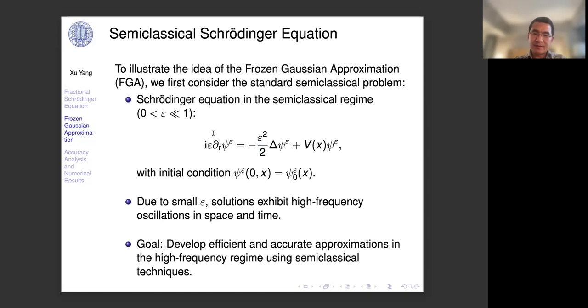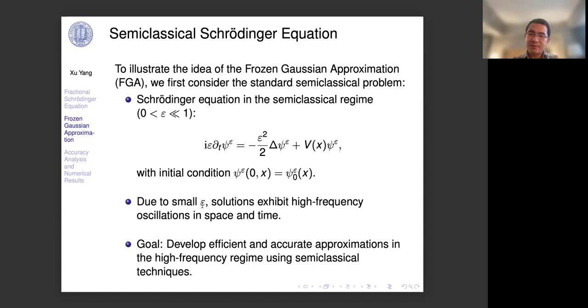In 1D we can do a simple spectral method to get some intuition on the solution of this standard semi-classical Schrödinger equation. When epsilon is small, the solution is very oscillatory. You have a big wave packet, and within the wave packet the solution is wiggling.